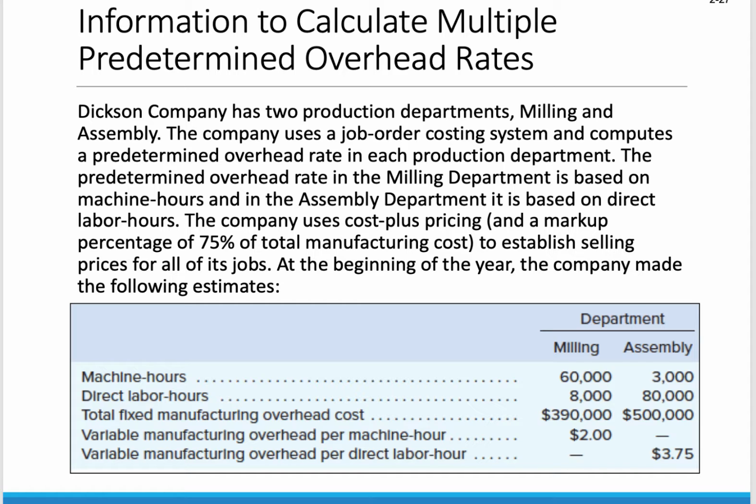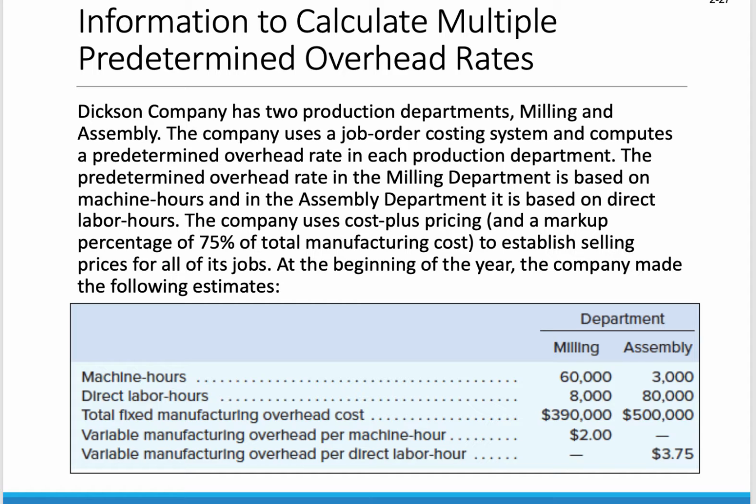Now, let's think about this conceptually for a minute, okay? Previously, we used a plant-wide overhead rate, which was one rate. So we're going to make a product and it has to go through both departments, okay?